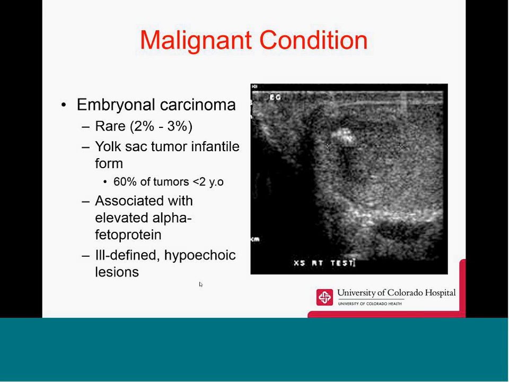These are associated with an elevated AFP, alpha fetoprotein. And on ultrasound, they're going to be an ill-defined hypoechoic lesion, seen here on the right. Ultrasound appearance is heterogeneous with cystic areas and calcifications with or without shadowing.